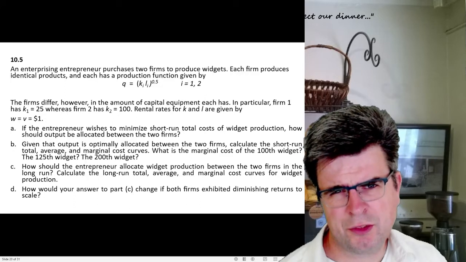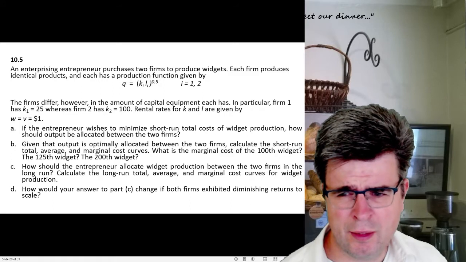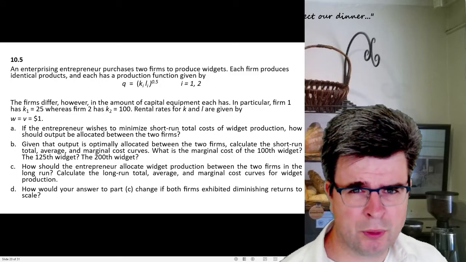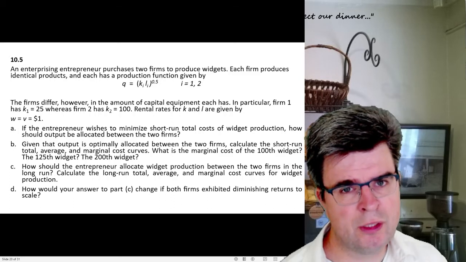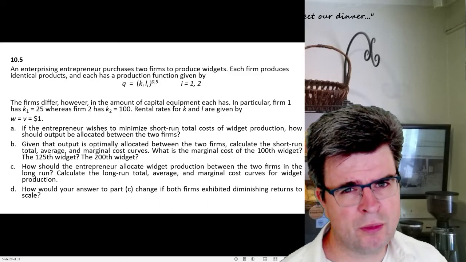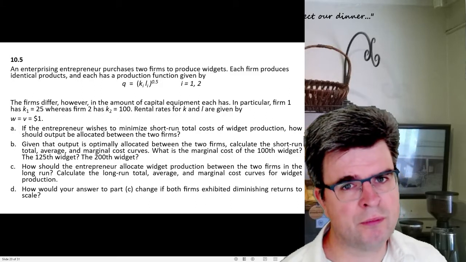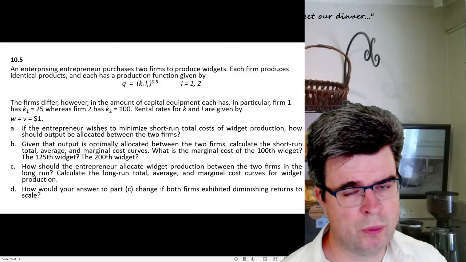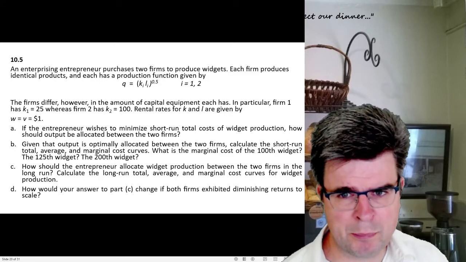Well, in fact, there's one short thing to add, and that is question D. How would our answers to part C about the long run total, average and marginal cost curve change if both firms did not exhibit constant returns to scale but diminishing returns to scale? So the more you produce, the less effective it becomes.